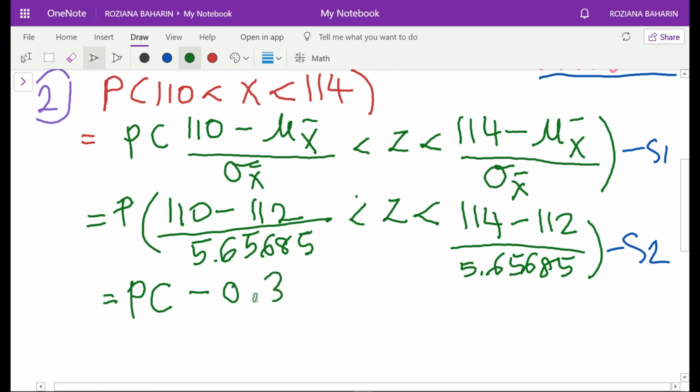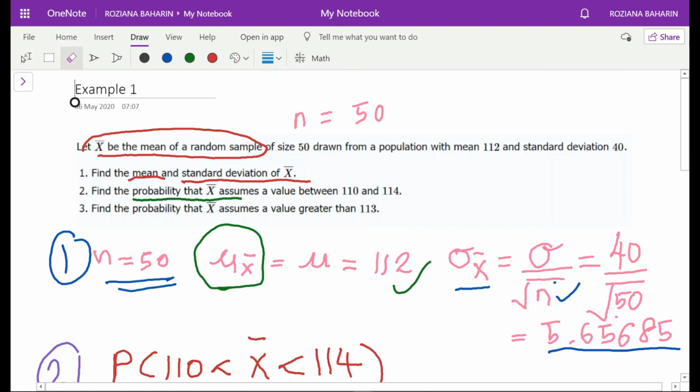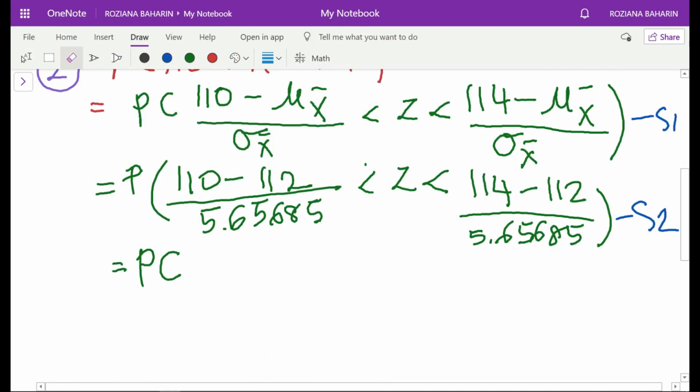So negative 0.35, sorry, my mistake, negative 0.35 is the one that you get.